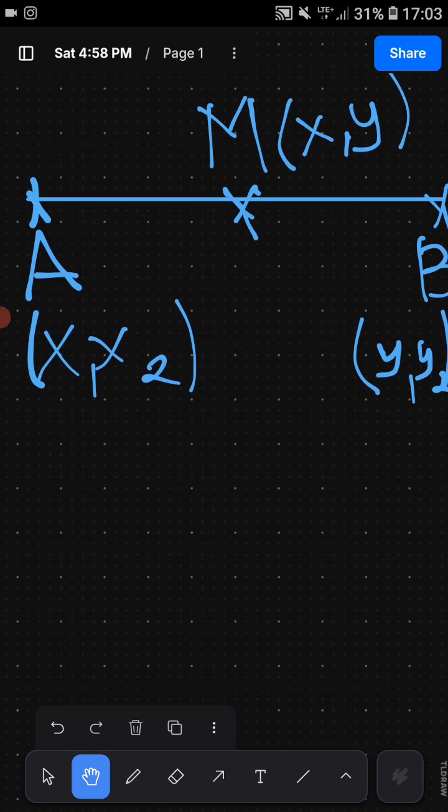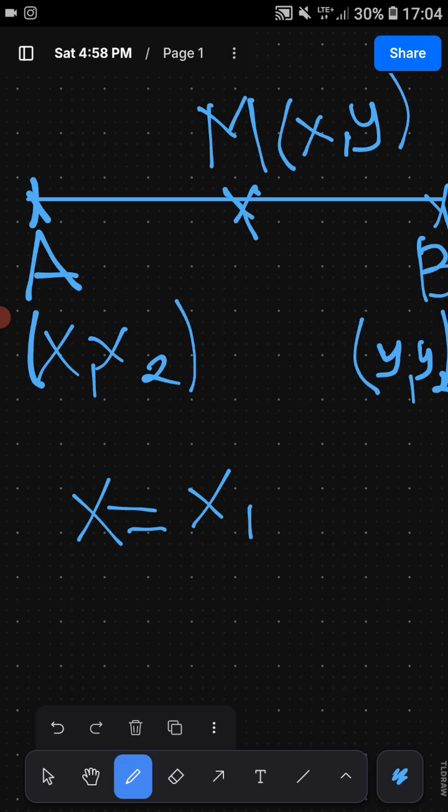we can have the coordinates of M to be: x will be the average of the x coordinates, the x coordinate of the A point plus the x coordinate of the B point, and that is going to give you x1 plus x2 on 2.